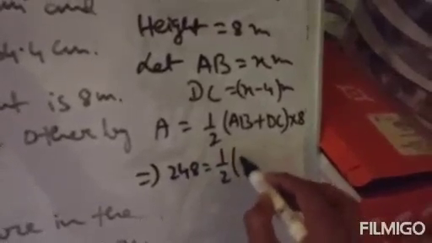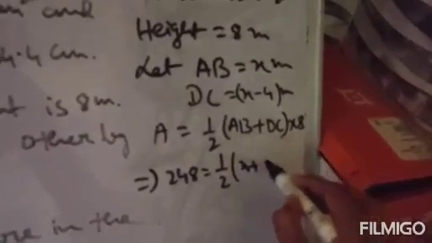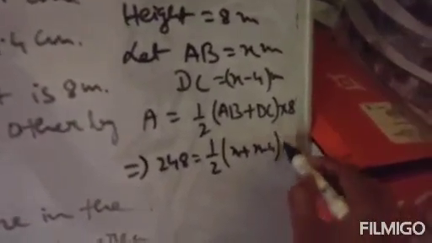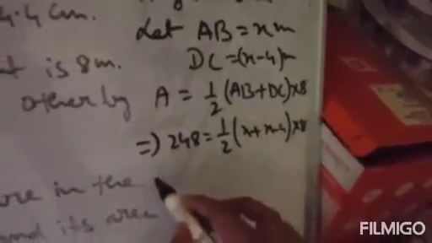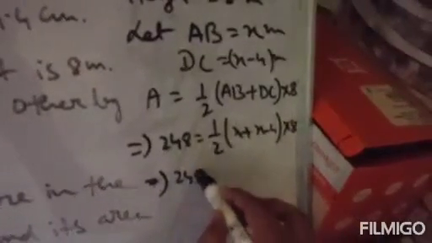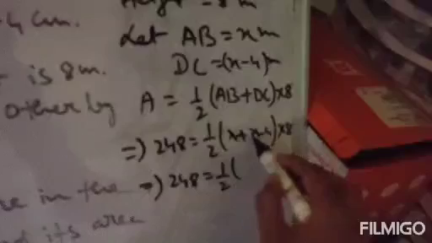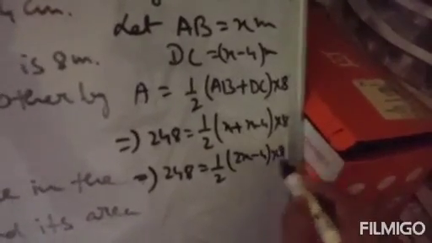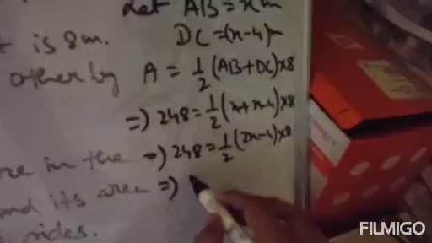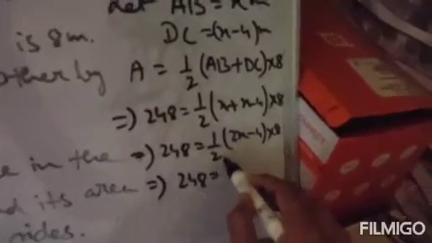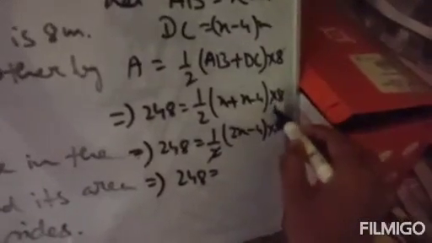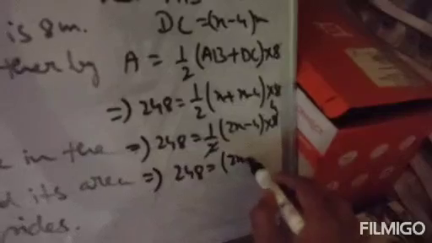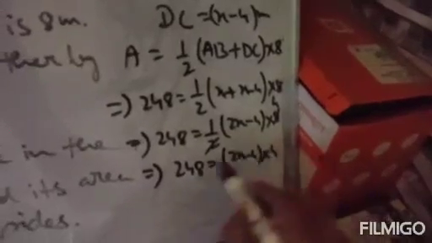1 by 2, AB is x and DC is x minus 4, so 8. 248 equals 1 by 2, x plus x will be 2x minus 4, into 8. So 248 equals, if you reduce, 2 4s are 8, that means (2x minus 4) into 4.